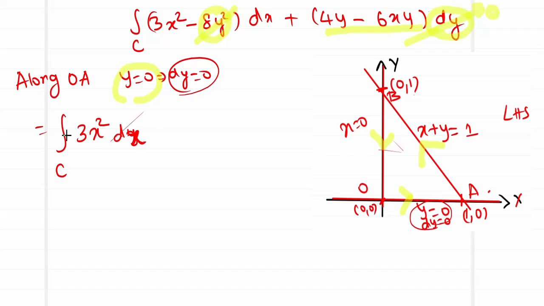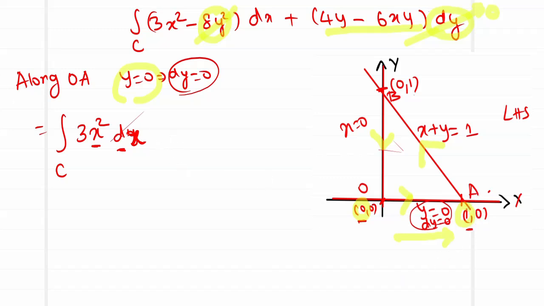Now in which direction are the variables present? The variables are present in the direction of x. Now see what is the variation of x. What is my starting point of x? My starting point is going to be 0 over here. As I move along the curve OA, I reach the ending point of x. What is the ending point of x? The ending point of x is 1.